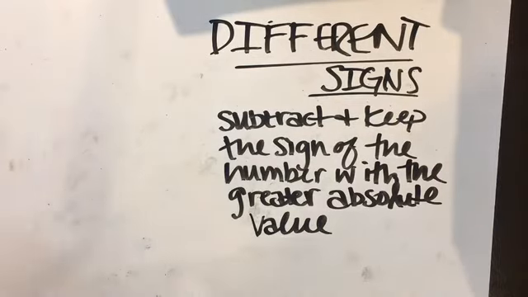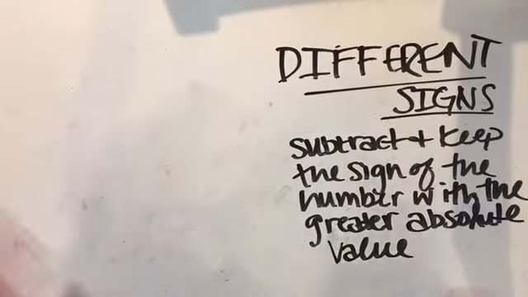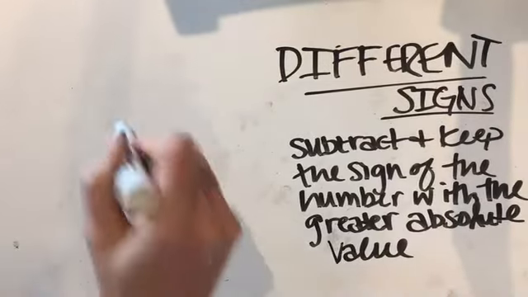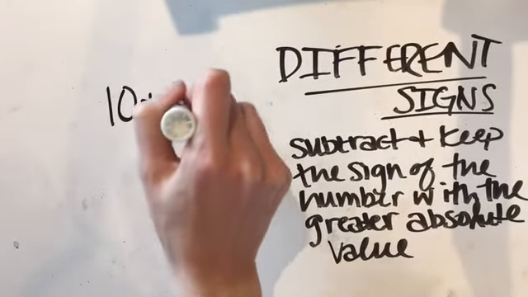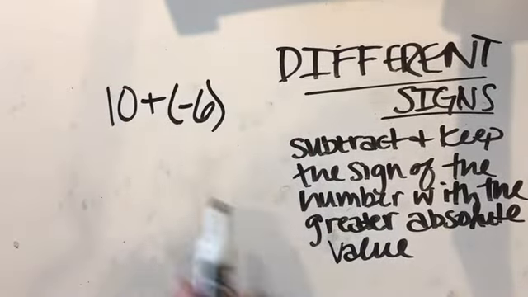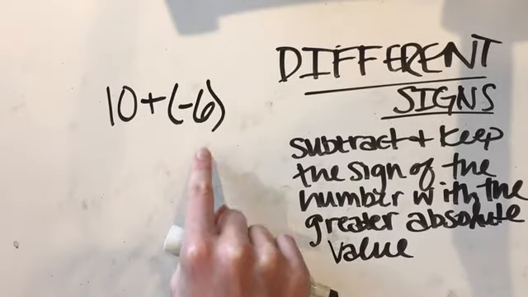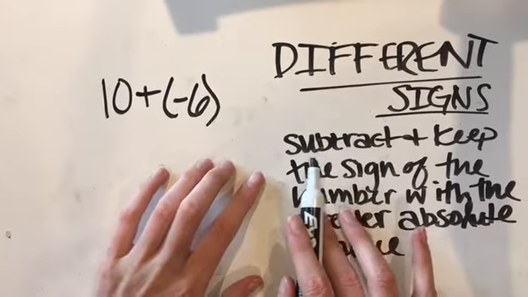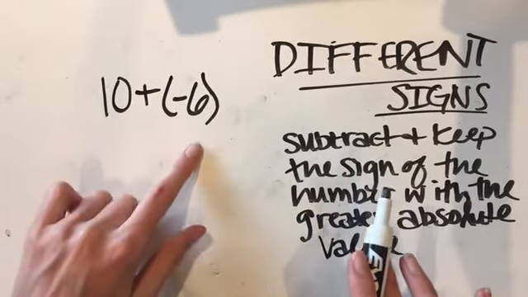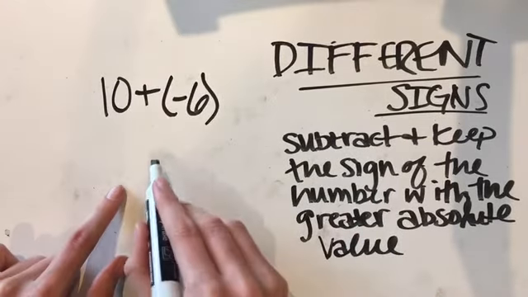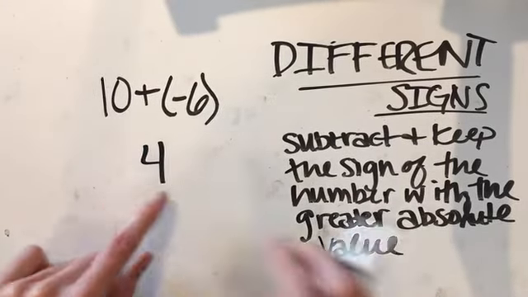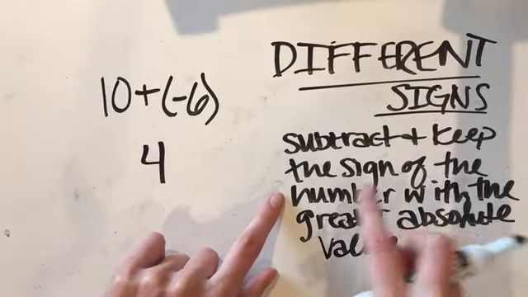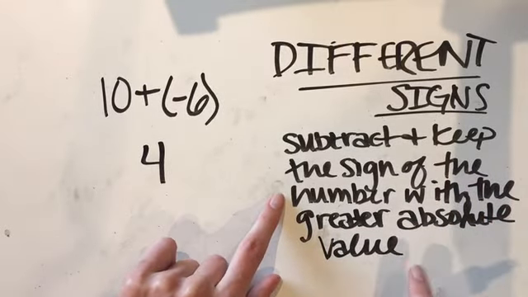Now, I'm not even going to show you a different example. Let's go back to our very first one. 10 plus -6. First of all, can we all agree these have different signs? Positive, negative. Okay, different signs. With that in mind, we are going to subtract. What is 10 minus 6? Well, it is 4. Then it said, keep the sign of the number with the greater absolute value.